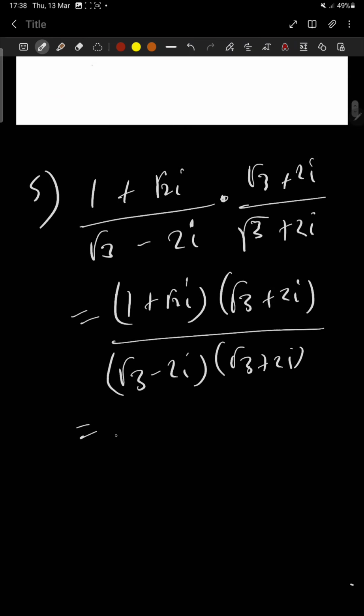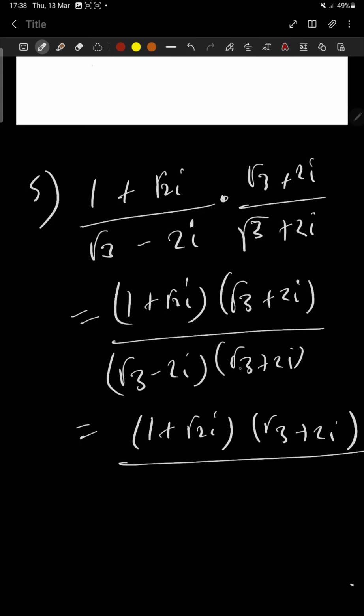You can expand the numerator if you want. This will be square root of 3 plus 2i. When you multiply this and this, it's going to be plus the square root of 6, then the i outside, plus 2 square root of 2 i squared. Otherwise just leave it the way it is, I'm just rationalizing the denominator.